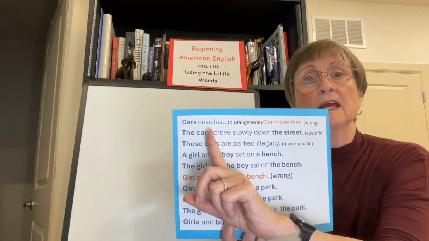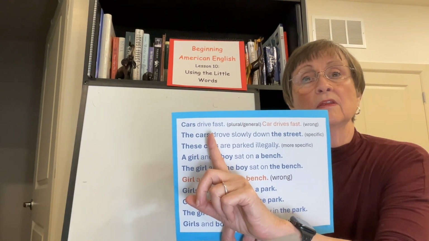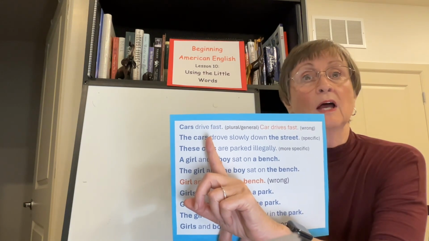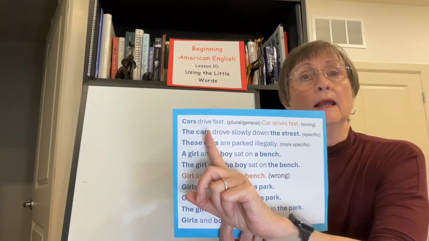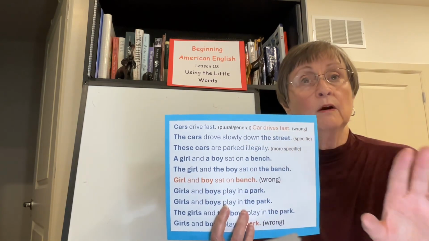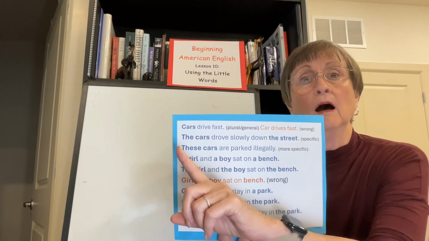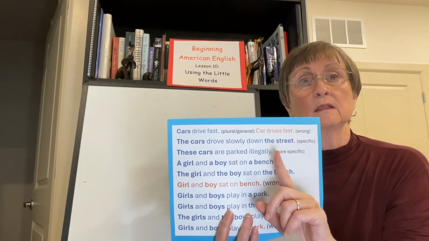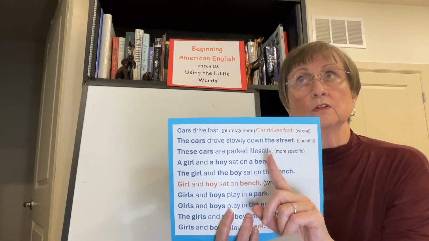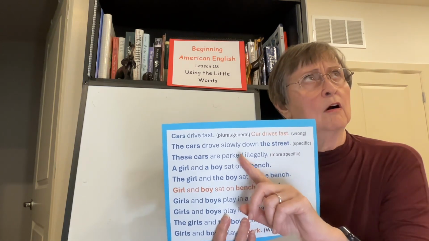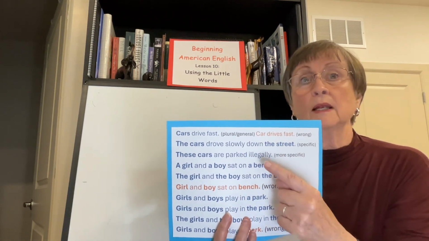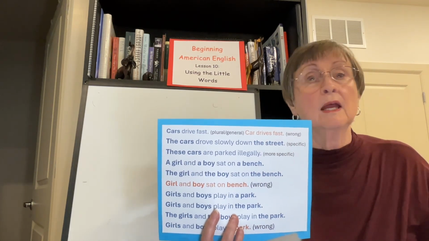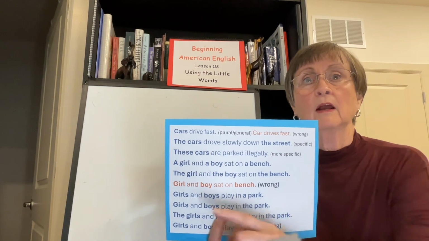If I take the S off, it still needs the: the car drove slowly down the street, because I know which car. If I don't care which car, I could say a car drove slowly down the street. I may notice which car, I may just hear it. A car just drove down the street. But I know the street. So I'm not going to say a street unless I'm telling a story and the street is not even there.